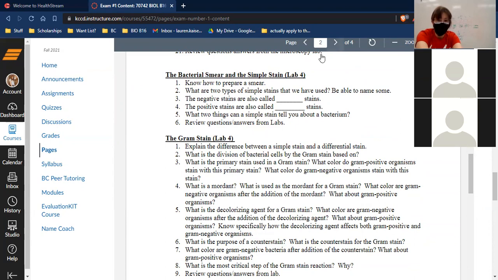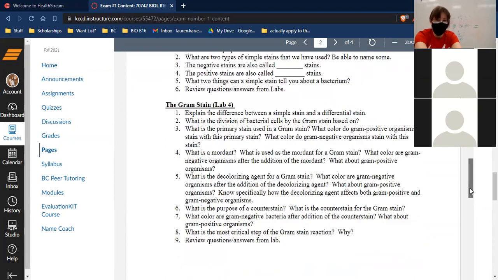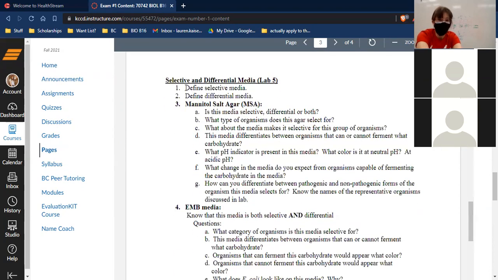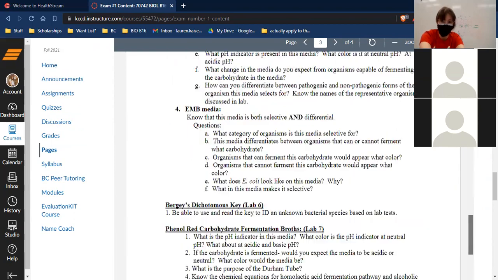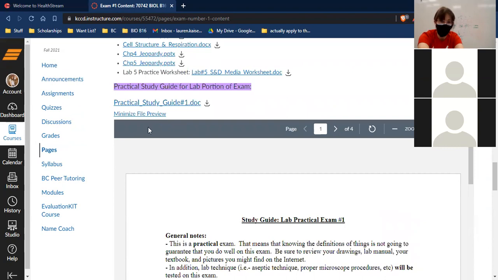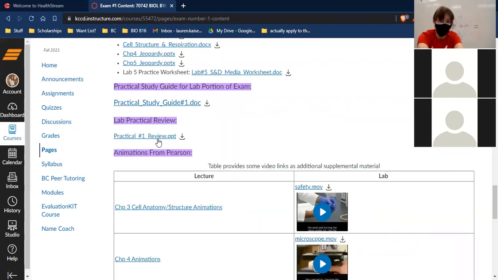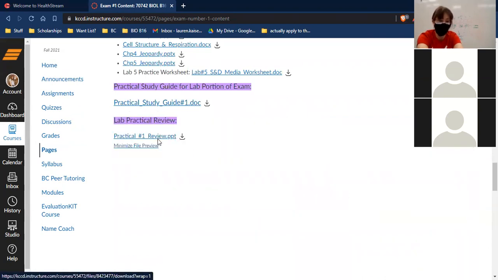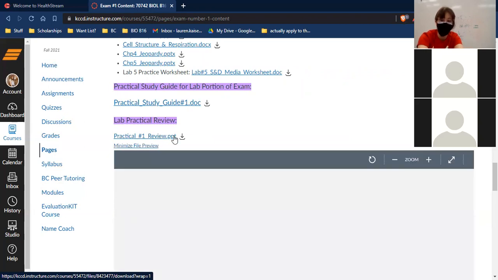And then it also says define selective media, define differential media. It asks you specific questions based on what plates you guys have been working with, okay? Use this as your consultation, right? Use this and then answer the questions and define what you need to define, write it out or type it out, but use it.